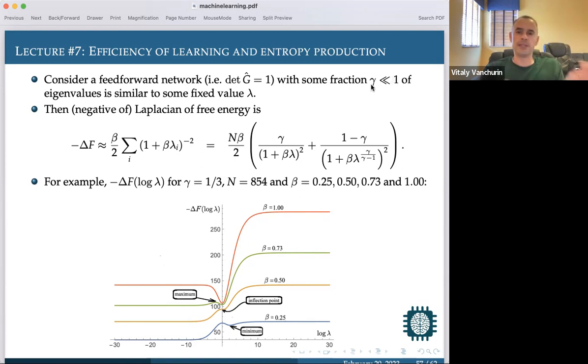And let's assume that this fraction of eigenvalues all have roughly the same eigenvalue, lambda. So if you have lots of eigenvalues, then there will be a lot of eigenvalues next to each other, whatever scale you choose.